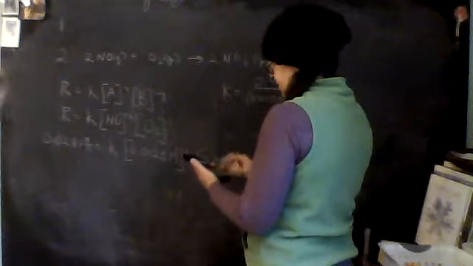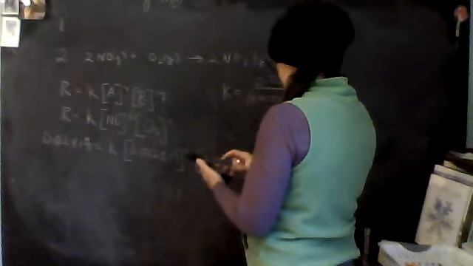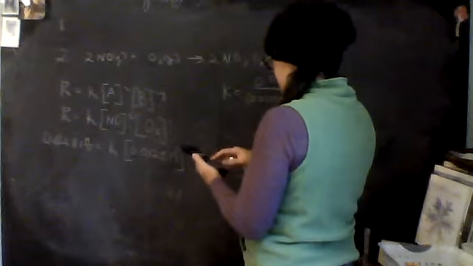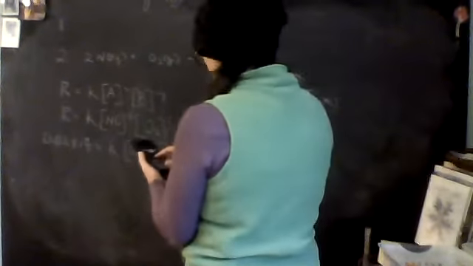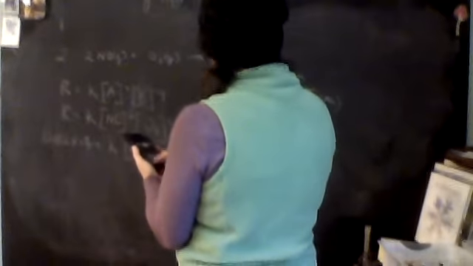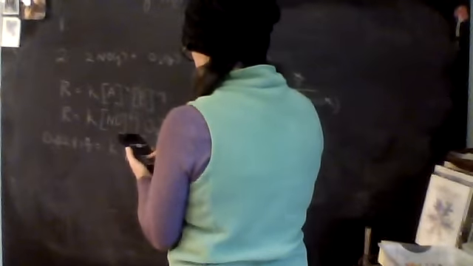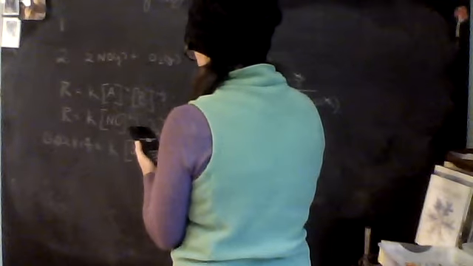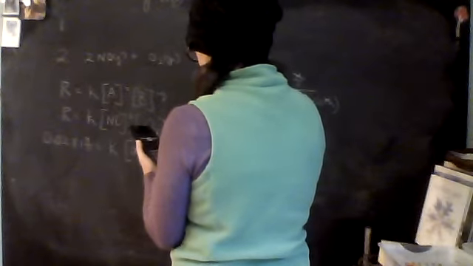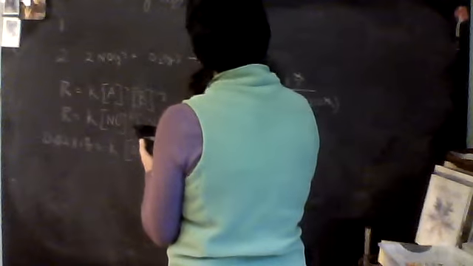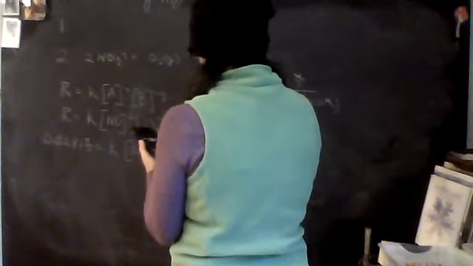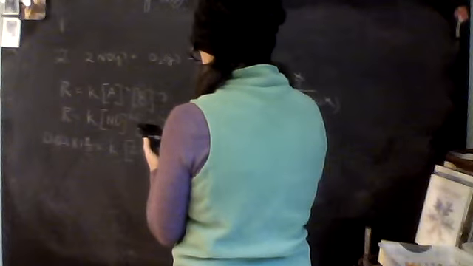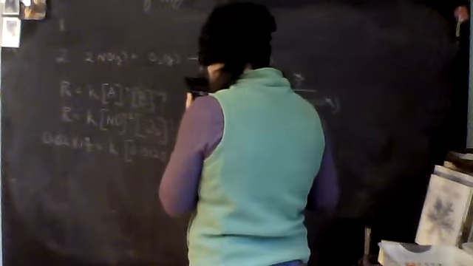So we take 0.0281 divided by 0.0125 squared times 0.0253.